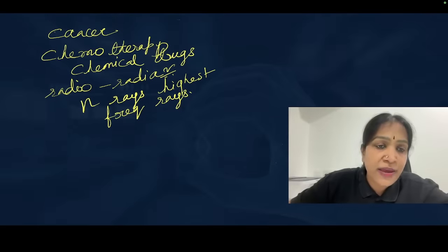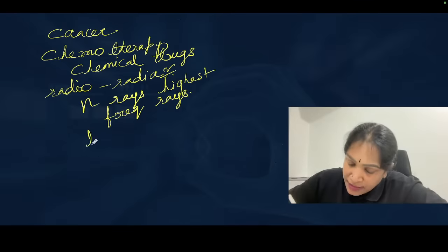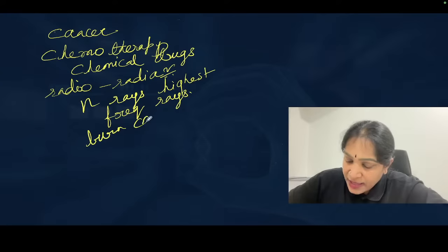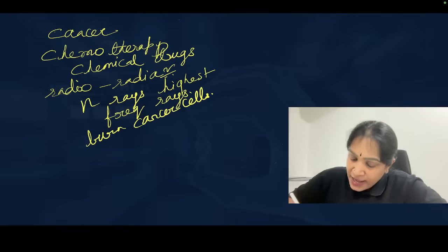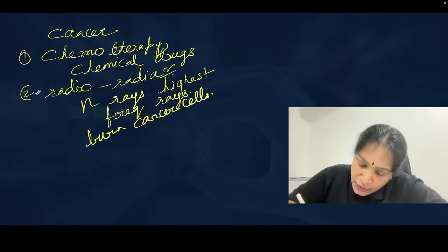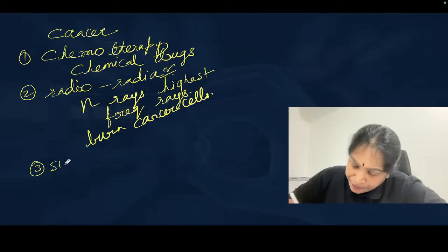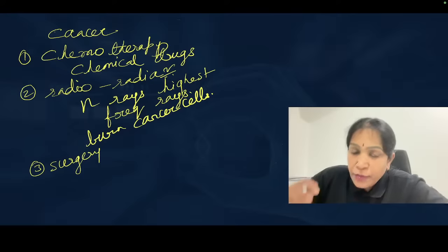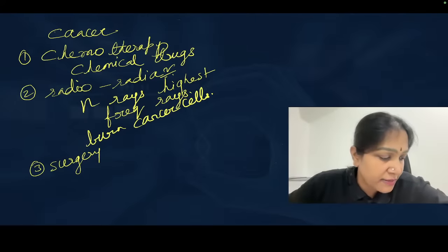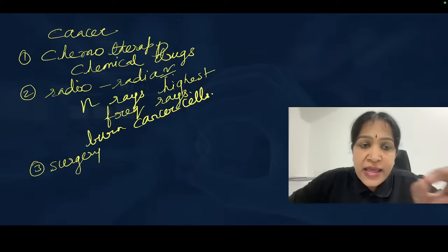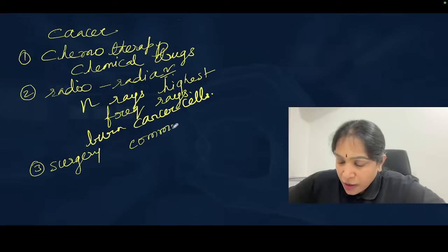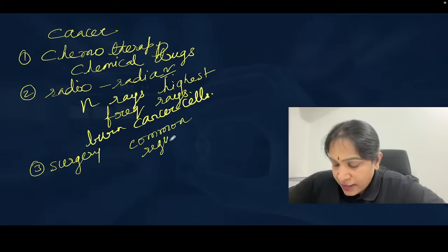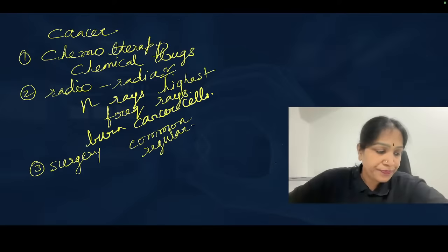After the X-rays we get the gamma rays. They can burn the cancer cells. Is that clear? Next, you can also do surgery. You can also remove the cancer by a surgery. These are the three commonly used methods, isn't it? Is it clear?